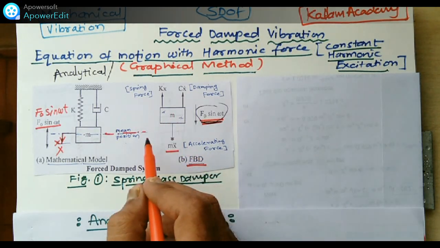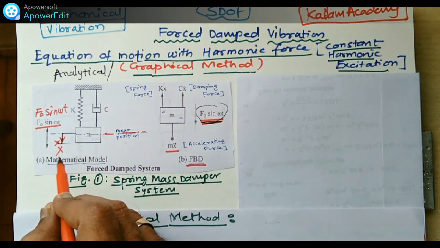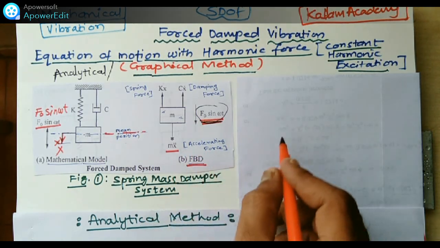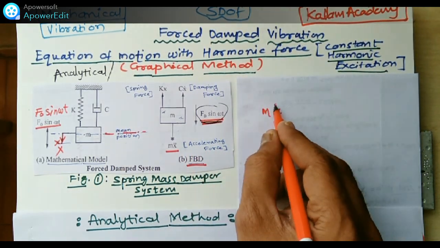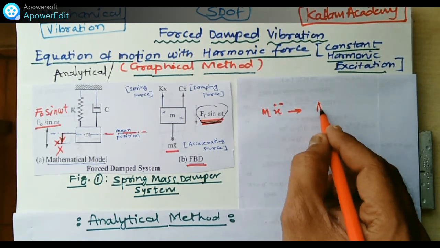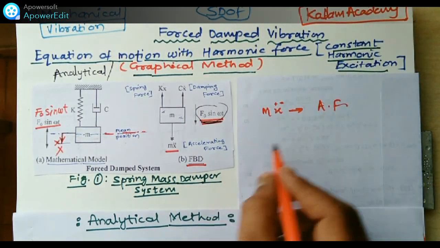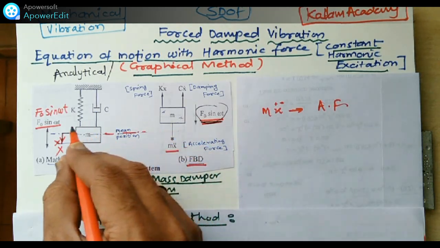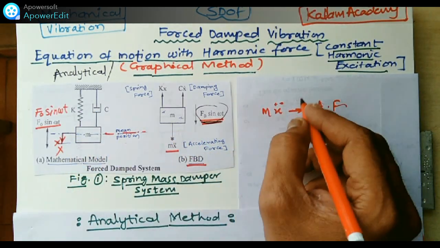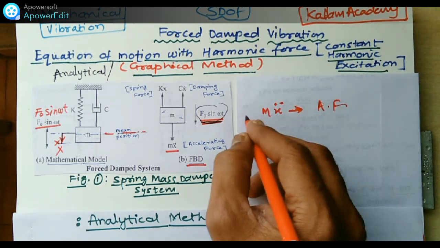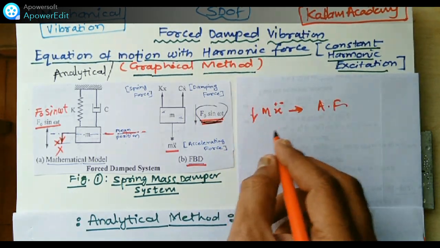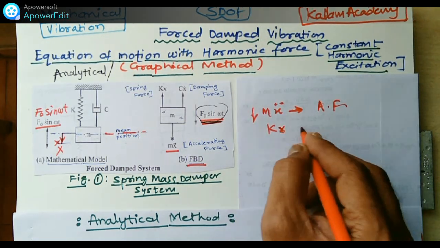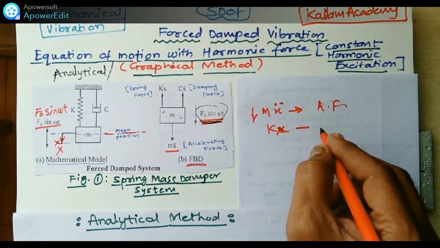Here it is explained, when the displacement is x, this mx double dot is the accelerating force. Due to this accelerating force and the displacement, the spring force is in upward direction, the accelerating force is in downward direction, and this kx is in upward direction.